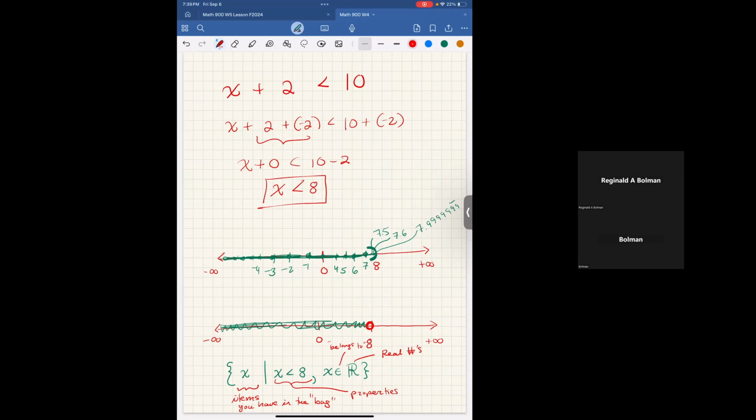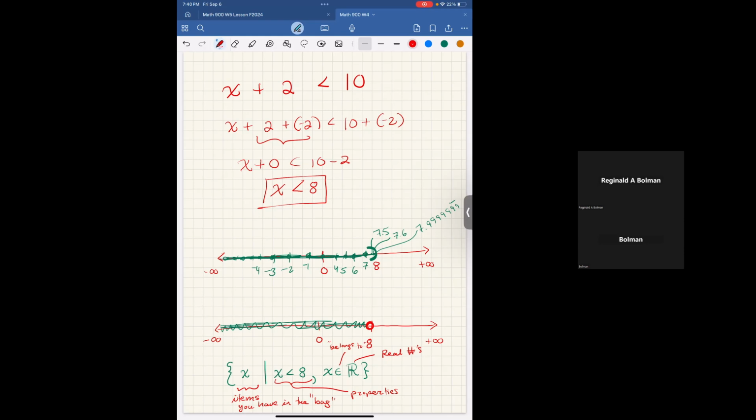You can't just say x less than 8. Are you dealing with all of the integers, all of the whole numbers less than 8? Are you dealing with all of the fractions, all of the rational numbers that are less than 8? So on and so forth. You have to denote that, no, I'm dealing with fractions, integers, everything in between. And so, for the sake of simplicity, we write x belonging to R.